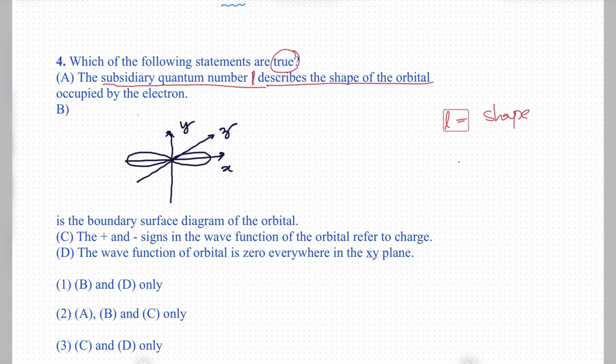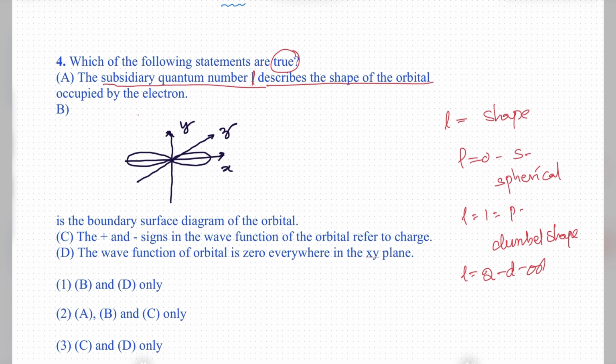The azimuthal quantum number L describes the shape of the orbital. For example, L is equal to 0, s orbital, that is spherical shape. And L is equal to 1, p orbital, dumbbell shape. Similarly, we can discuss the remaining orbitals: L is equal to 2, clear?